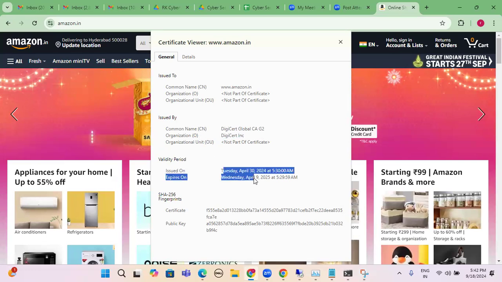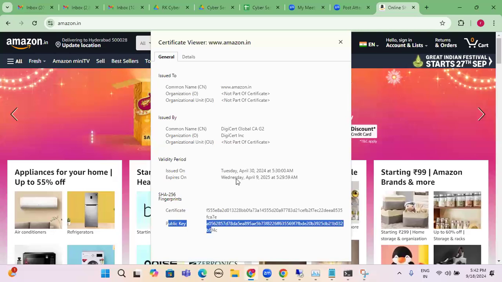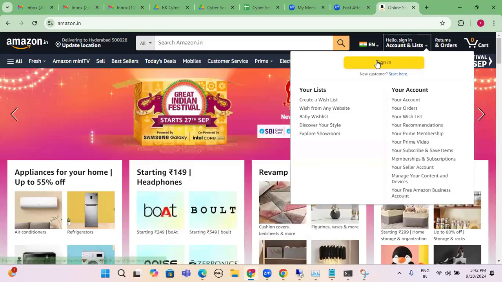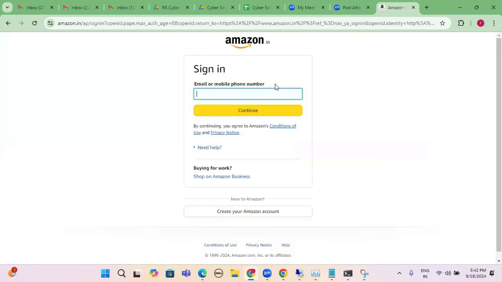And here we can see when the certificate is going to expire, the hash value, and the public key. So this key is what will be exchanged between the web browser of the end user and the backend server. Using this key we will encrypt. For example, if I want to sign in here, I will enter either my email address or mobile phone number.